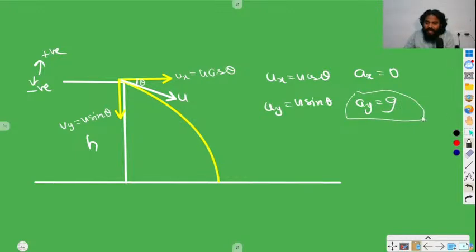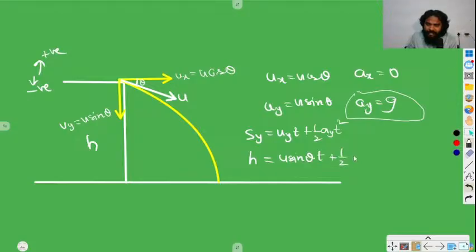Now here, sy is equal to uy t plus half ay t square. By using this formula, sy is nothing but h, which is equal to uy, means u sin theta, into t plus half g t square, right?